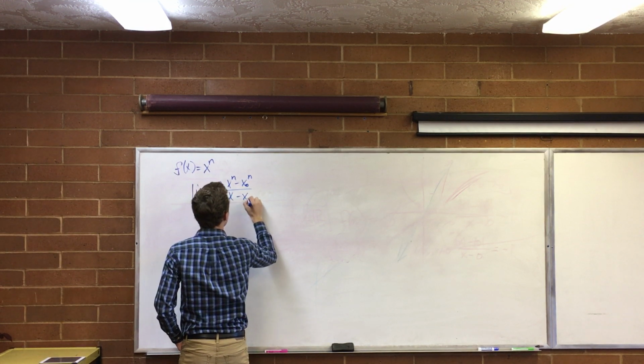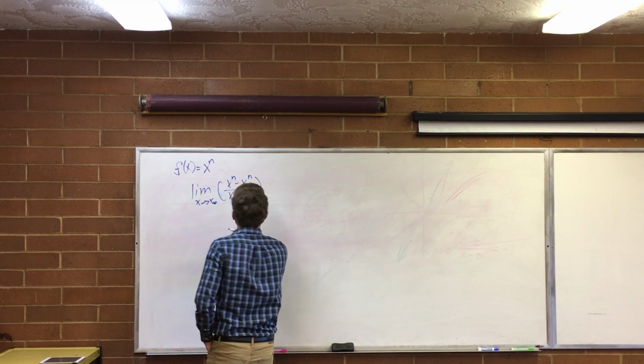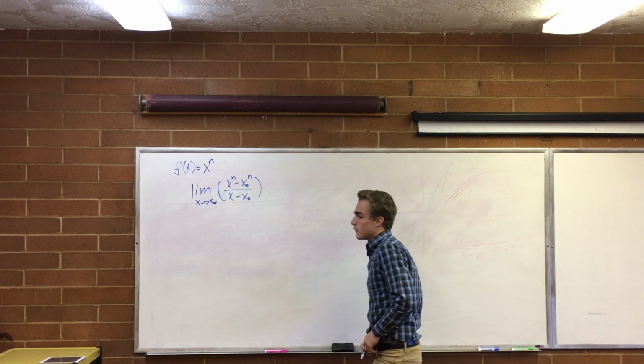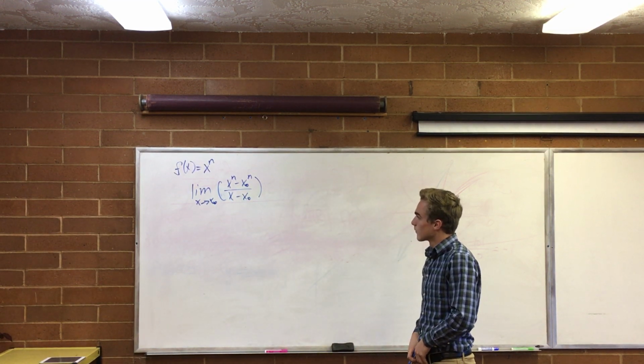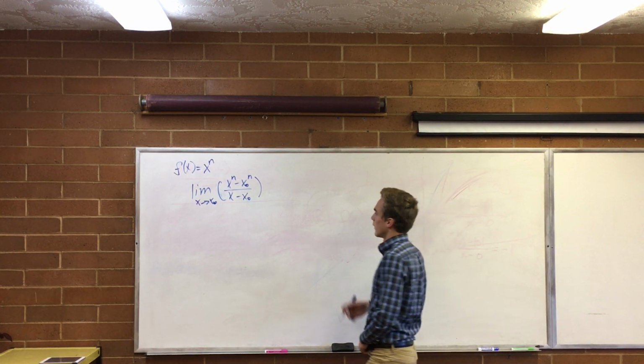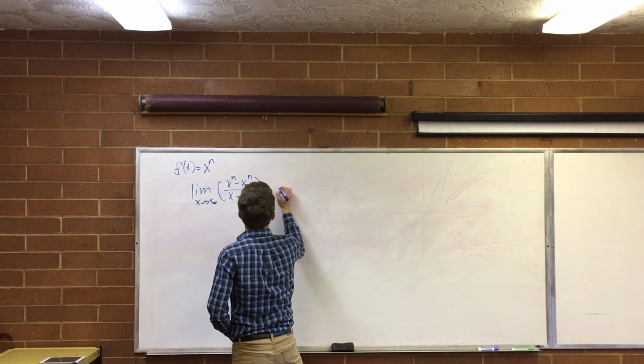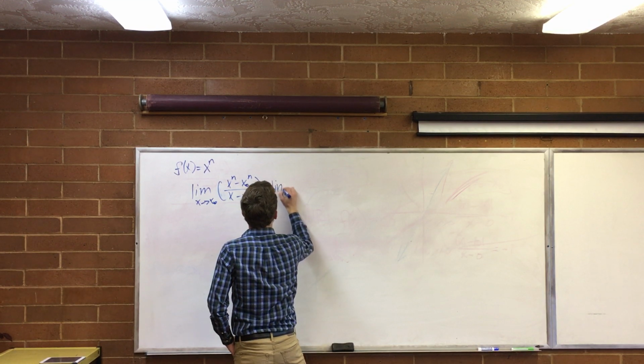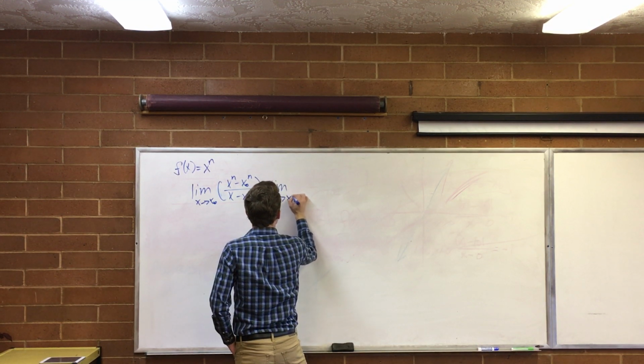over x minus x naught. So now we have a difference of, not squares, but two terms to the exact same power. How do you factor out an x minus x naught in that?